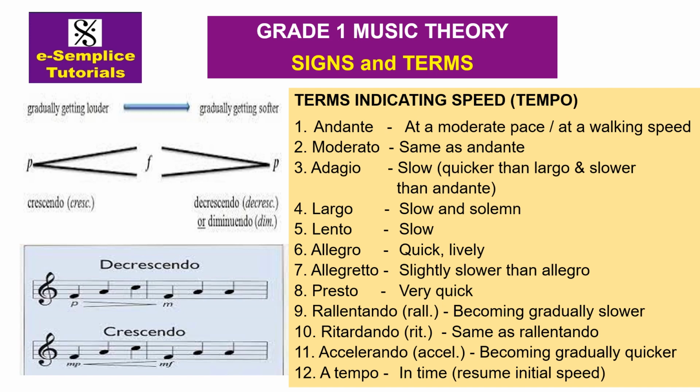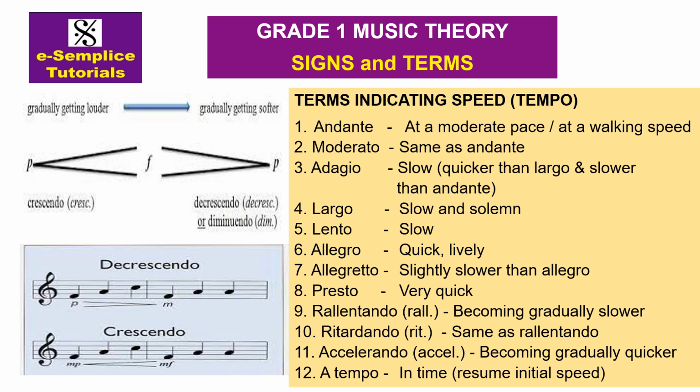Then we have largo. Largo means slow and solemn. Lento means slow. Allegro means quick or lively. Allegretto means slightly slower than allegro. Presto means very quick.